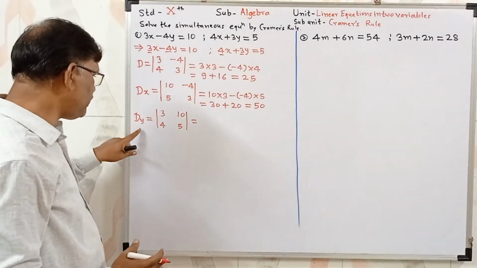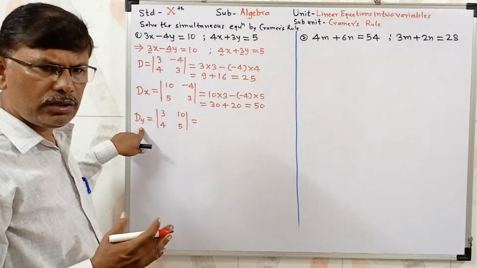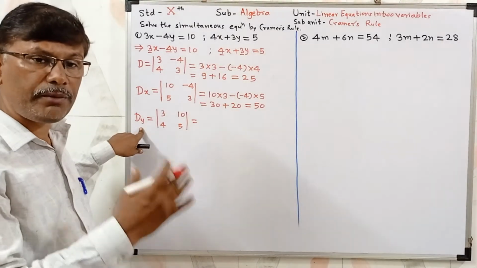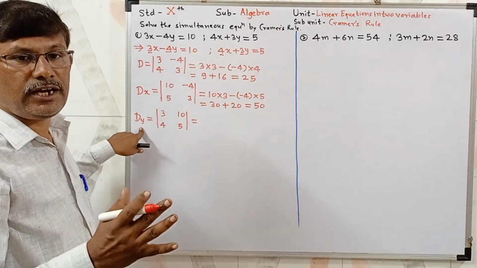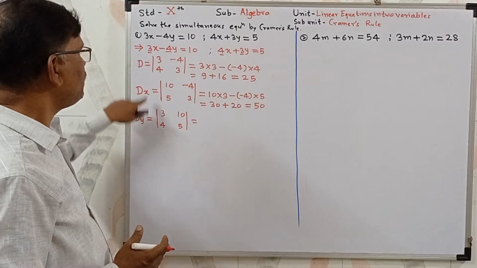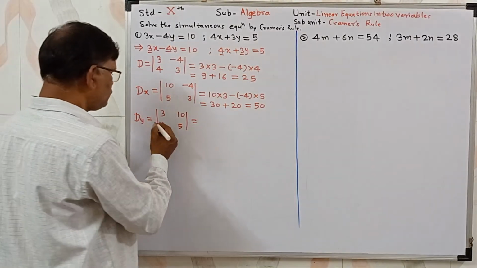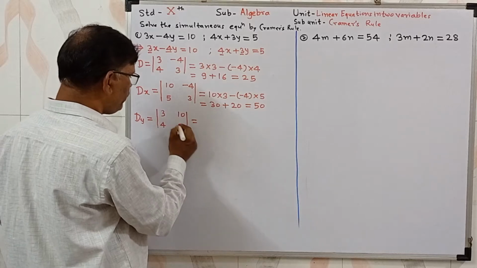Understood? And in Dy we must omit the coefficient of y, that means b1, b2. Understood? Okay.